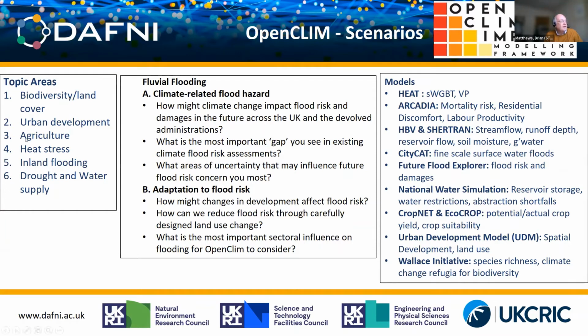For each one of these topic areas, we're going through a requirements capture with our stakeholders on what the hazards are and what the risks associated with them are. So this is one for fluvial flooding. Then we have a significant number of candidate models which have already been put forward as suitable models by the partnership to be part of this framework. So where have we got to?